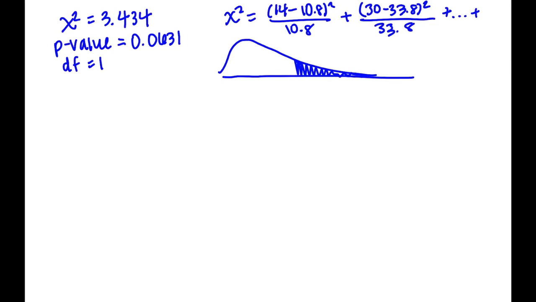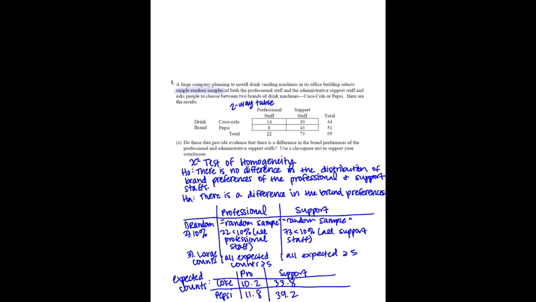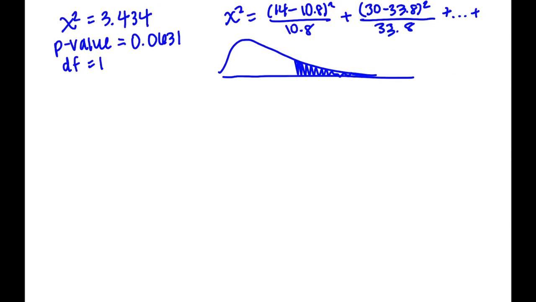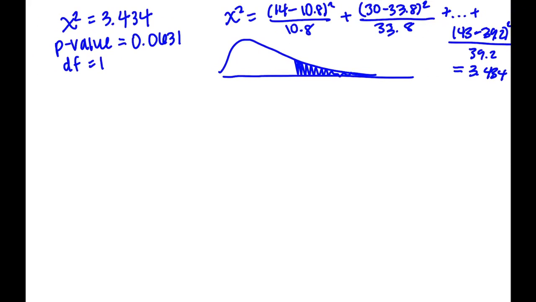Do the last one now, which will be 43 minus 39.2 squared over 39.2, and that equals the 3.434 that we got.